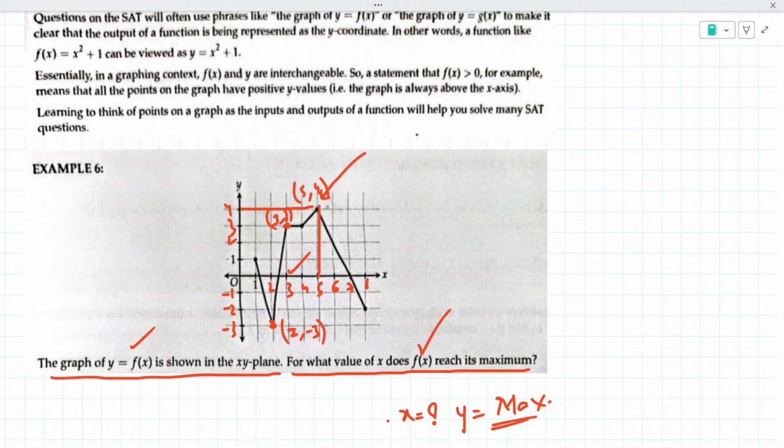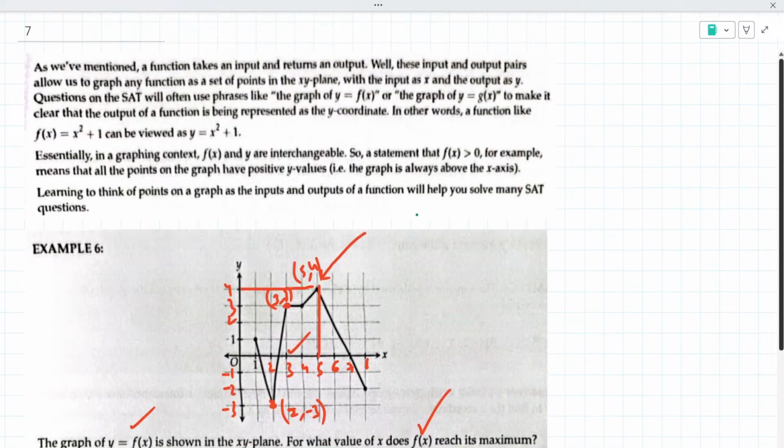So your maximum is this. This is the lowest, this is a bit lowest, and this is completely the top in the graph. At x equals 5, y equals 4, which is the maximum. That's it. Nothing else.